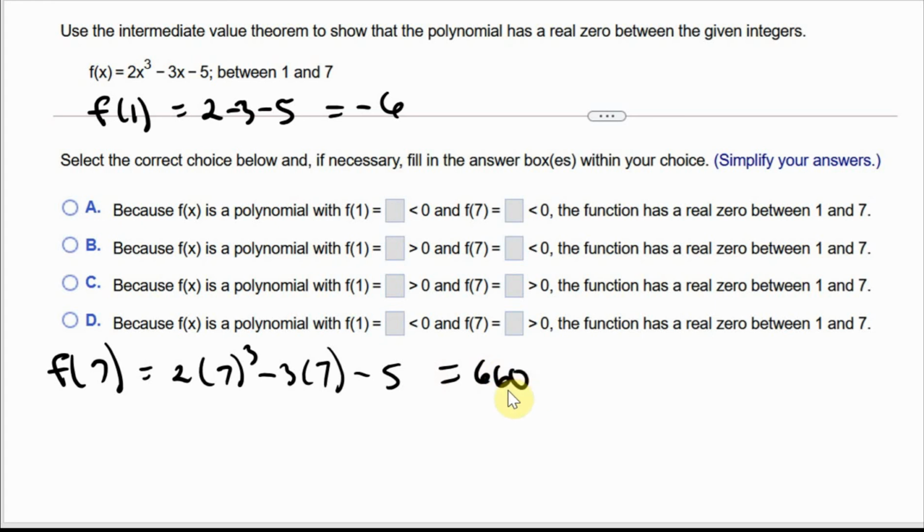So the signs change. This guy is negative, and this guy is positive. At f of 1 we get negative 6, less than 0, and at f of 7 we get 660, greater than 0. Yep.